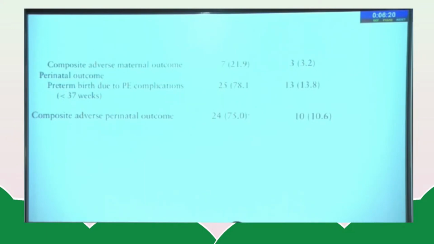Last line, composite adverse perinatal outcome. 75% of this group presented adverse perinatal outcome. Only 10% with normal angiogenesis markers had the complication. Again, an opportunity for risk stratification and to predict the results.